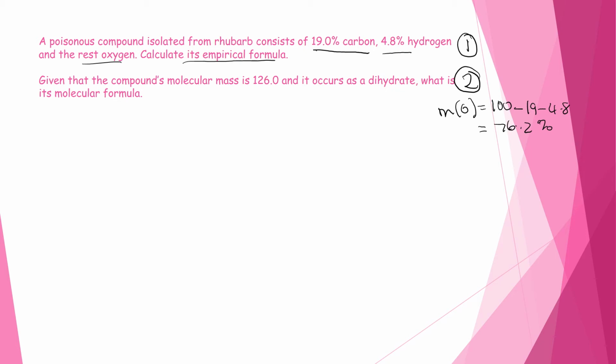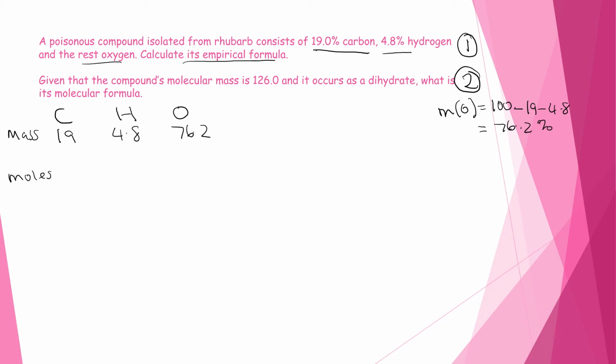So setting up our table, the first thing you need to do is put the titles at the top: carbon, hydrogen and oxygen. The next part is the mass. We're doing a mass out of 100, so it's 19, 4.8 and 76.2.